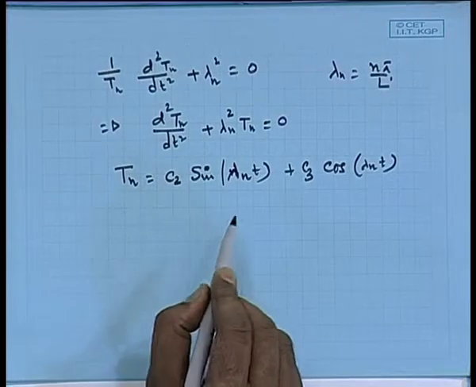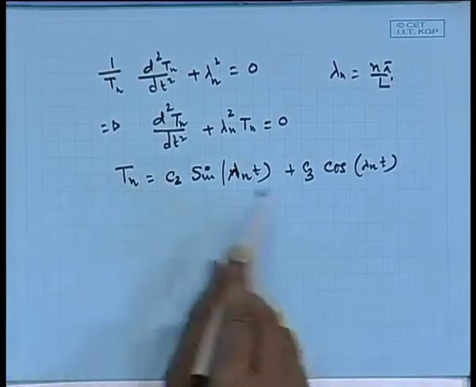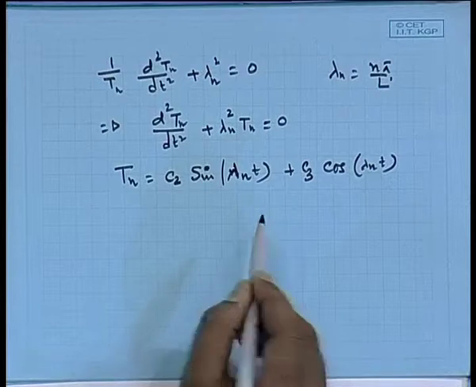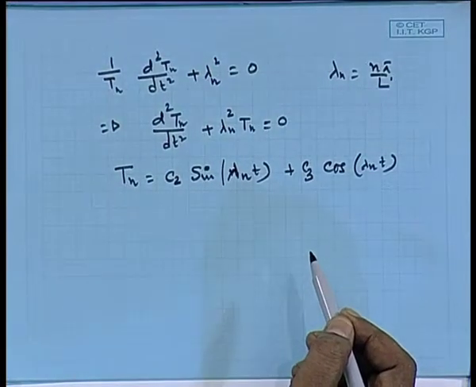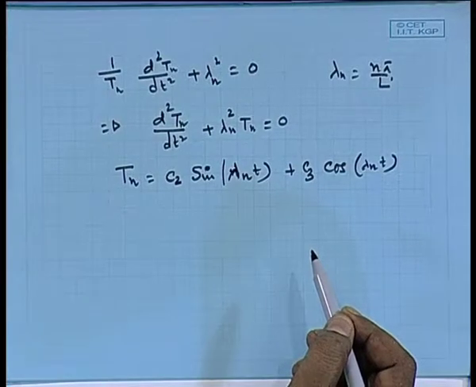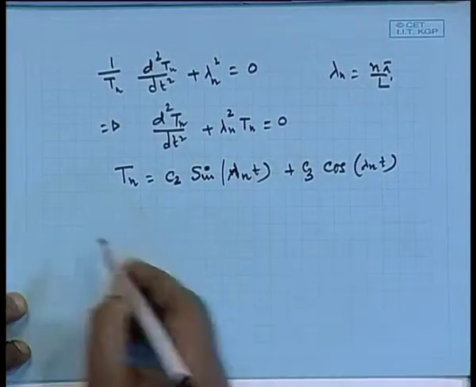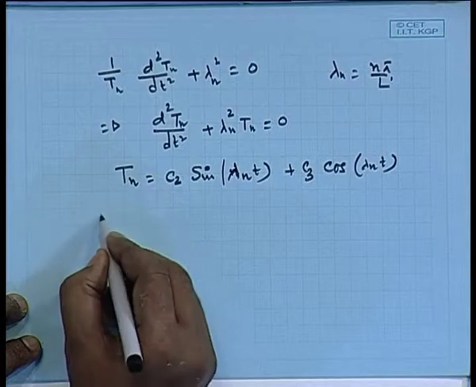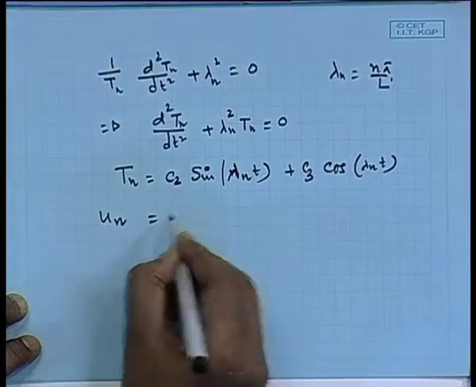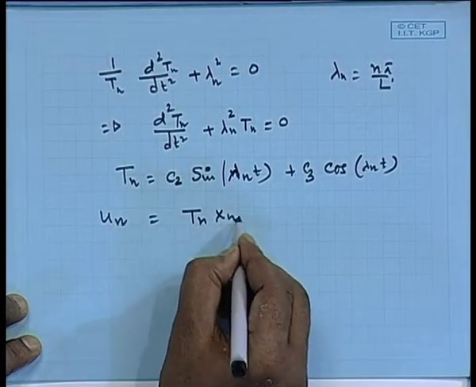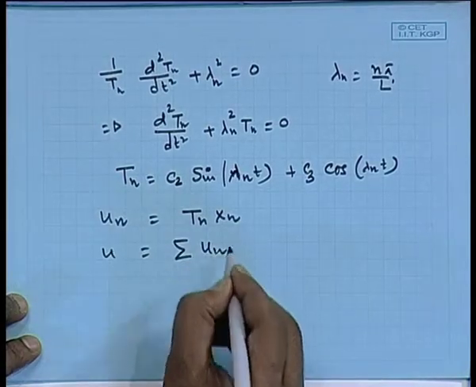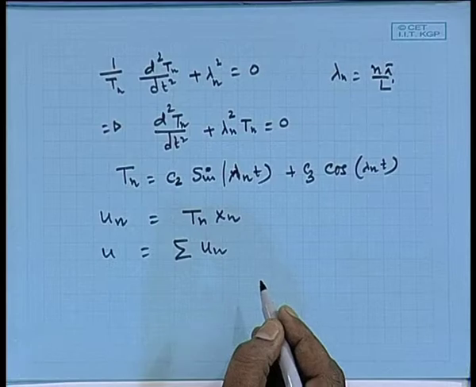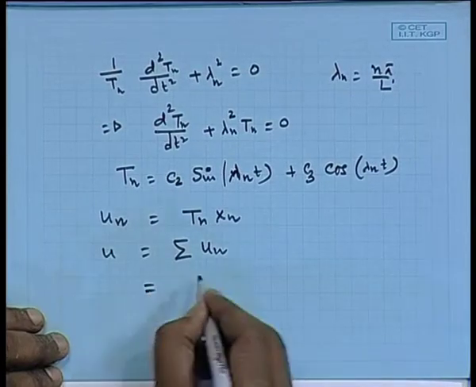Now, using the initial conditions, we should not evaluate these constants C 2 and C 3, because if you remember, the non-homogeneous initial conditions are used to evaluate the final constant of the solution, right. So, what is my complete solution? The complete solution will be u n, which is nothing but T n times X n. So, basically u is nothing but the summation of u n, by adding up all the solutions using the principle of linear superposition.